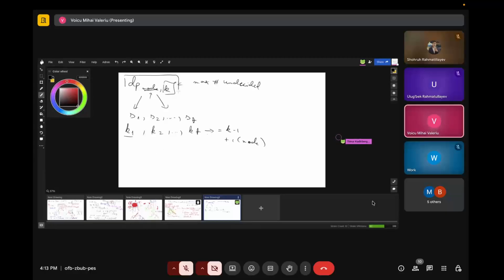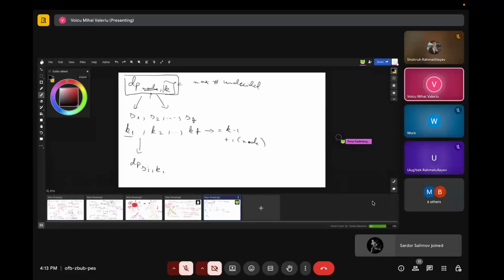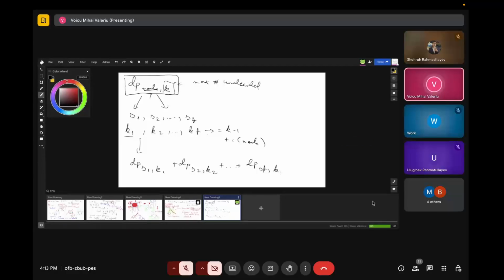And the dp value that would ensue from this would be dp of S1 and K1, because we calculate the maximum number of undecided nodes if we just eliminate, as we've said, K1 nodes from S1, plus dp of S2 from K2, plus dp of ST, KT.